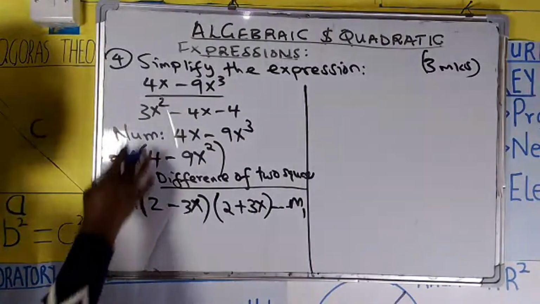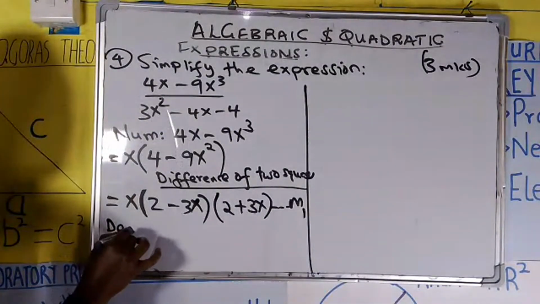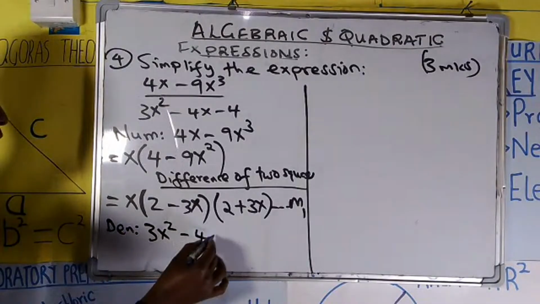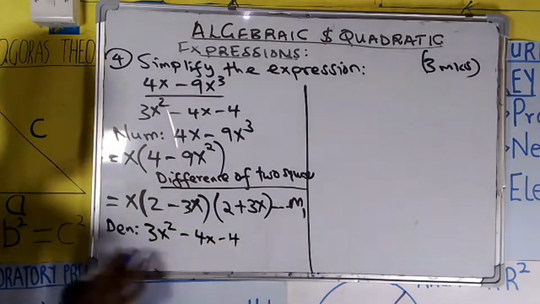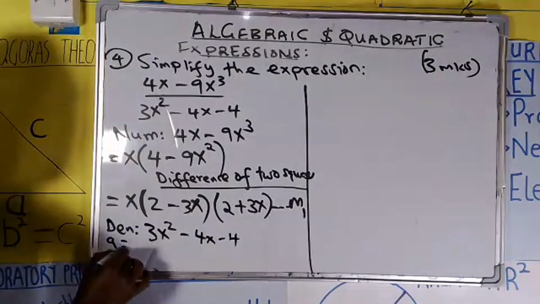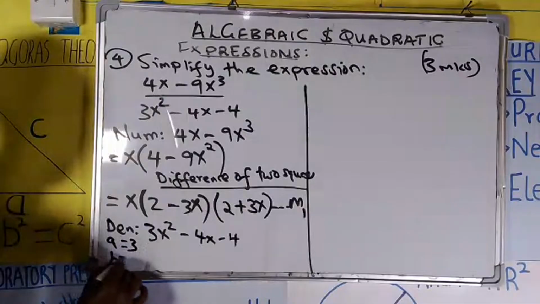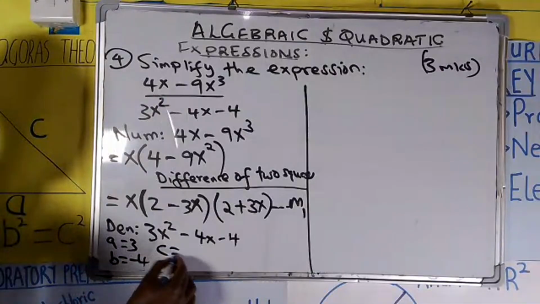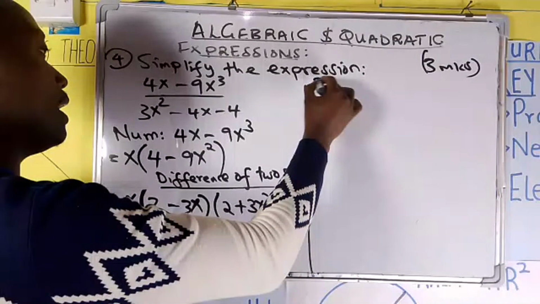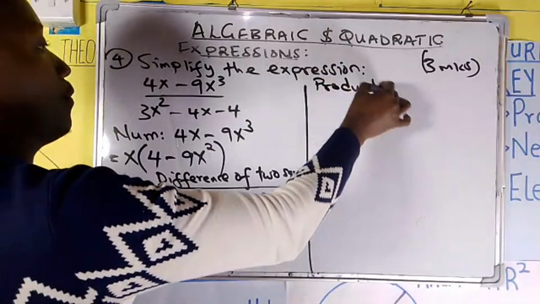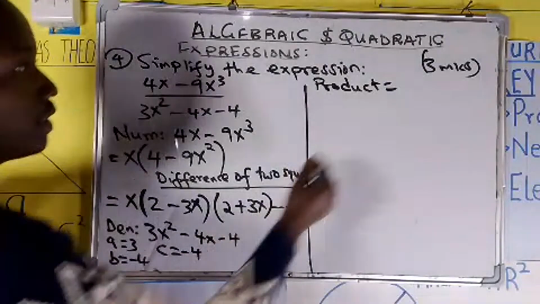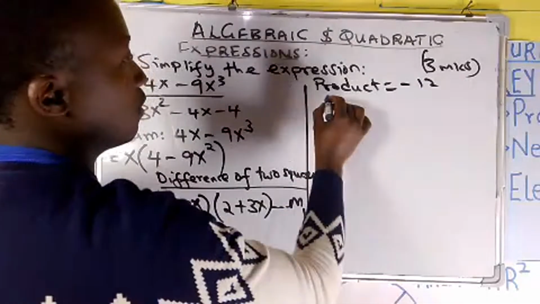So after reaching there, we will now proceed to the denominator. The denominator is 3x squared minus 4x minus 4. So we are now going to factorize this. As we said, our A is 3, our B is negative 4, and our C is negative 4. So our product, 3 times negative 4, is negative 12.